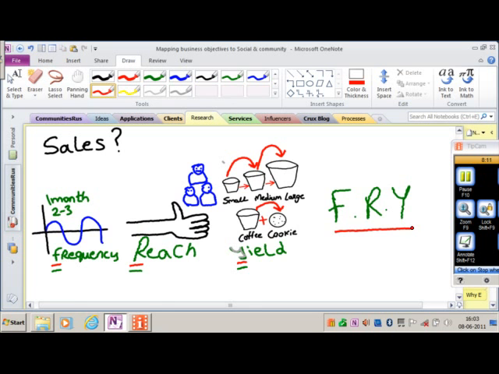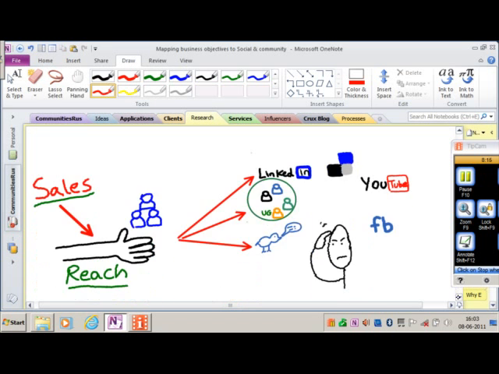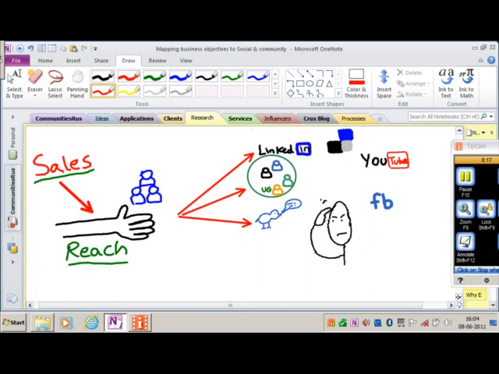And FRY was invented within Microsoft to help their distributors sell more. Then you went about defining what kind of community strategy you would use to reach out to these net new customers. And I just want to add here, you need some kind of a framework to engage with the community.